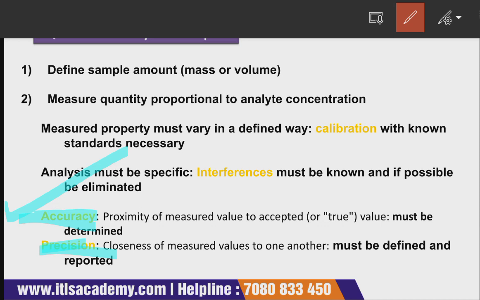It must be determined. But if you see precision, it is how close the measured values are to each other, it must be defined and reported. So accuracy is about the true value, and precision must be defined and reported, and accuracy, of course, must be determined.